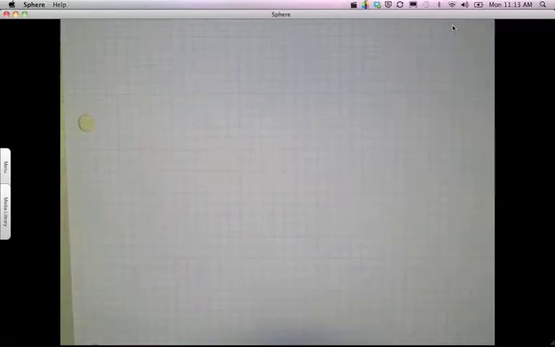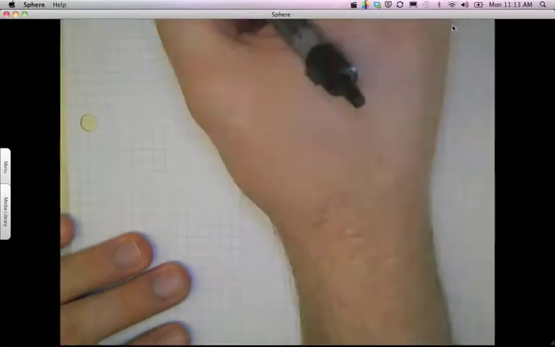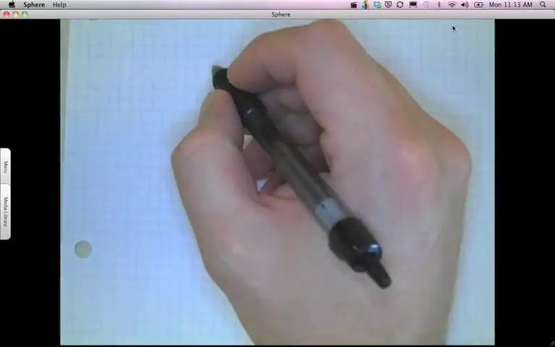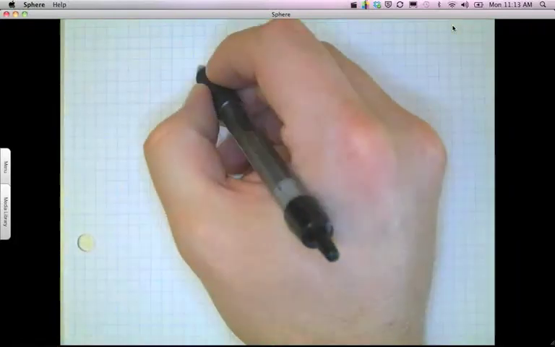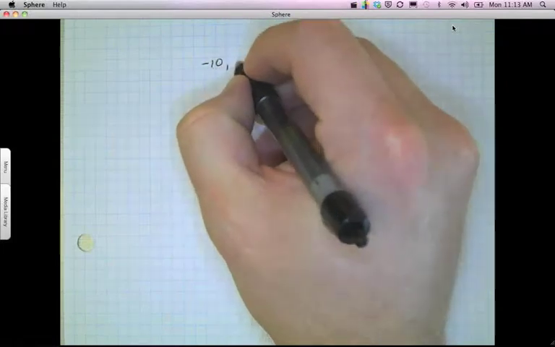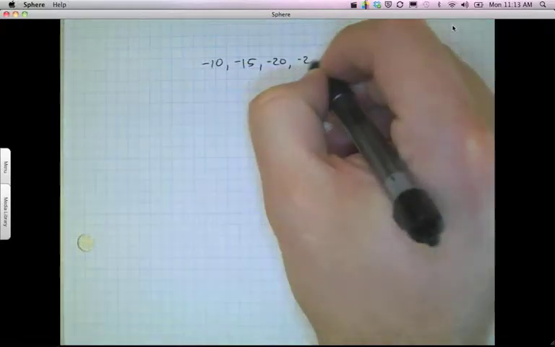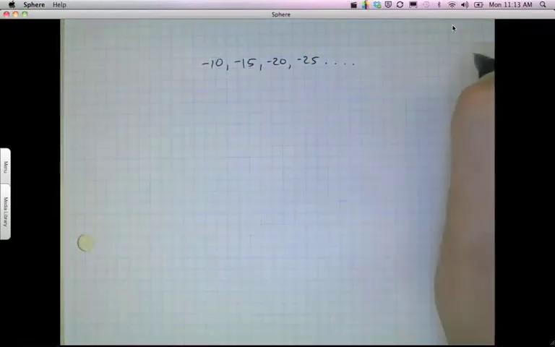So I'm going to give you an example and then show you how one of the connections works. Let's start again with the same general sequence that we used before: -10, -15, -20, -25, so on and so forth.